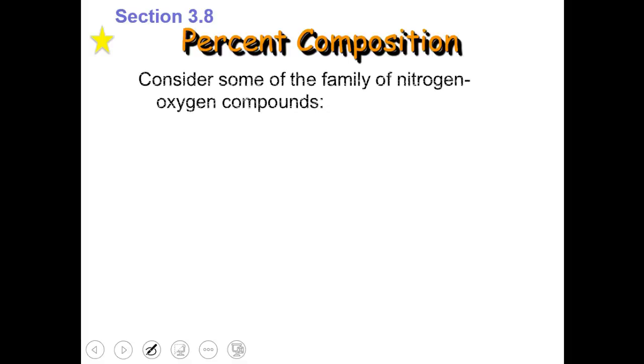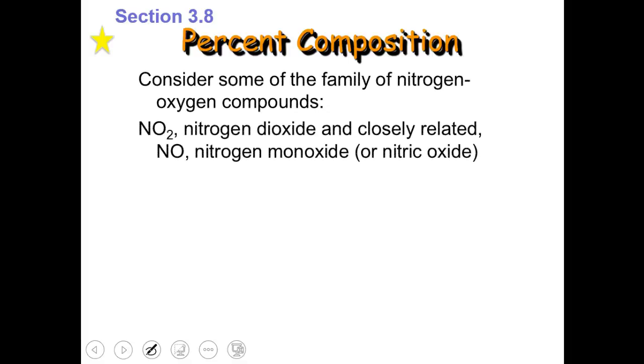We're going to talk about percent composition of compounds, and we've already seen ratios before. If we were looking at nitrogen and oxygen, we're looking at a 1-to-2 ratio between nitrogen and oxygen in nitrogen dioxide, where it's a 1-to-1 ratio in nitrogen monoxide.